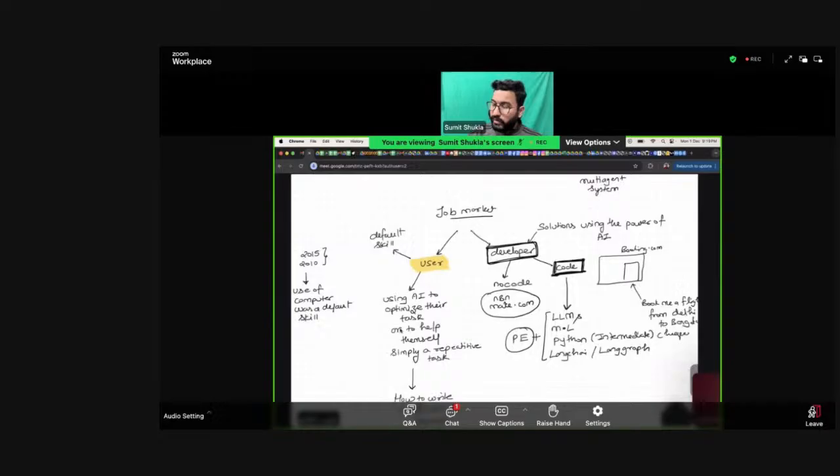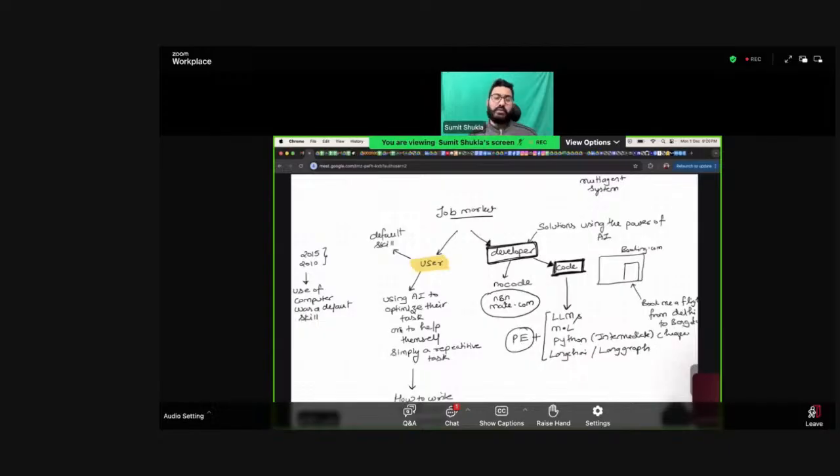If you are someone who is already in this sector, an existing software developer or existing technical person, and you want to get into the AI domain, then this is the section where the major requirement is coming from the industry. They are looking for developers who can create AI systems using the existing platform that they have.